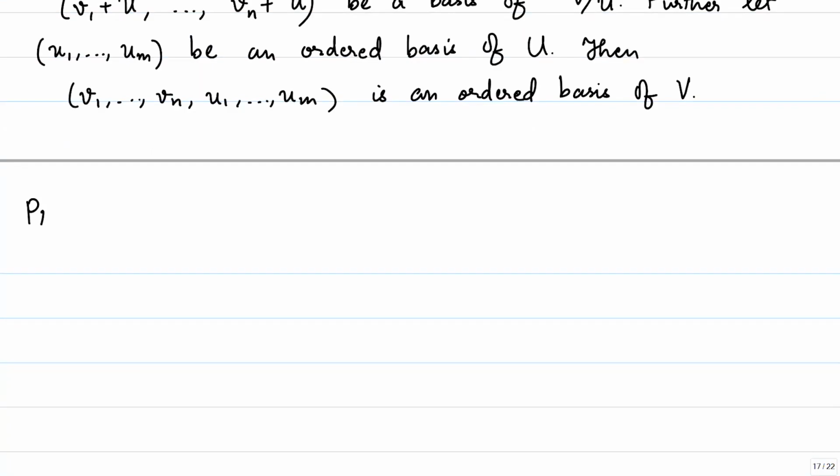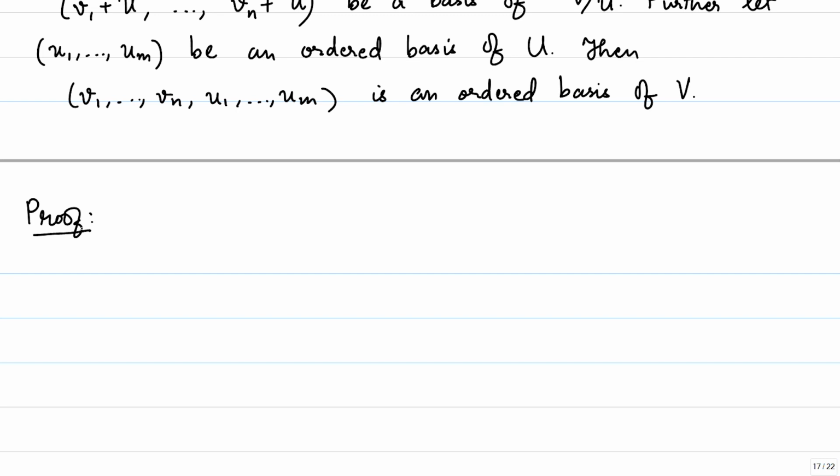So let me give a proof of this. In order to look at a proof of this, let me remind you that there is a very nice statement, a special dimension theorem, in this case for quotient vector spaces.